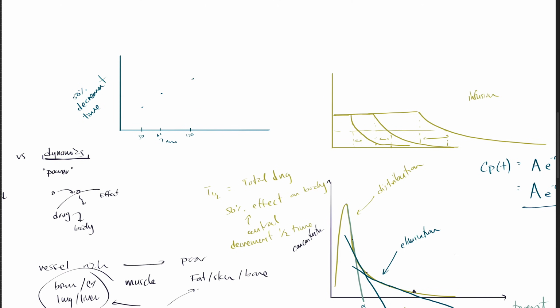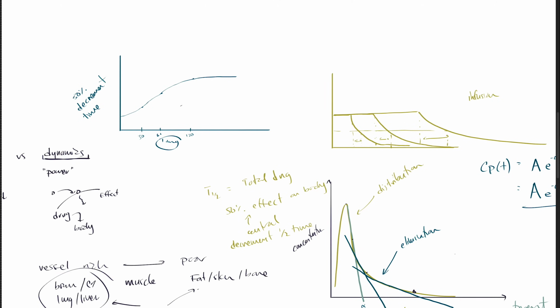You might be able to graph this over time and see that this decrement time goes longer and longer. And so what we can say is that the 50% decrement time is dependent on the time that you've infused an infusion for. And so what this is classically being described for is opioids.